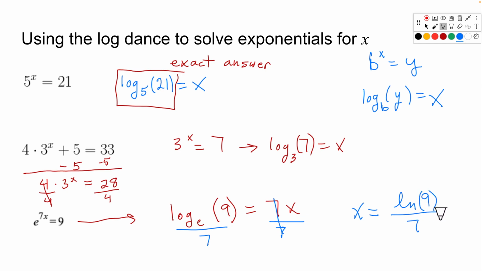And again, if they want an exact answer, this is the exact answer. If we take the natural log of 9, we will get some sort of decimal that goes on, and we're going to have to round it at some place, so that's an approximation. But sometimes they want that, especially in engineering. Go find that on your ruler to measure something, right? Oh no, you've got to get the decimal. Yes.